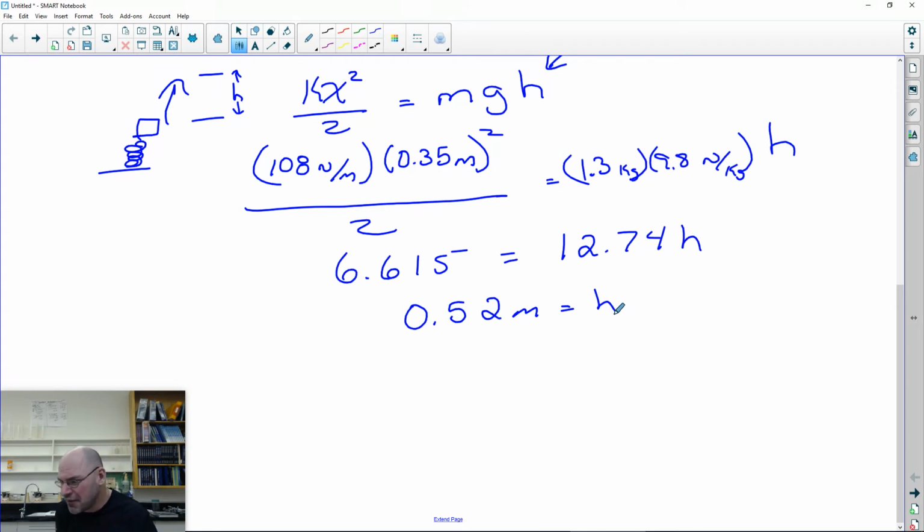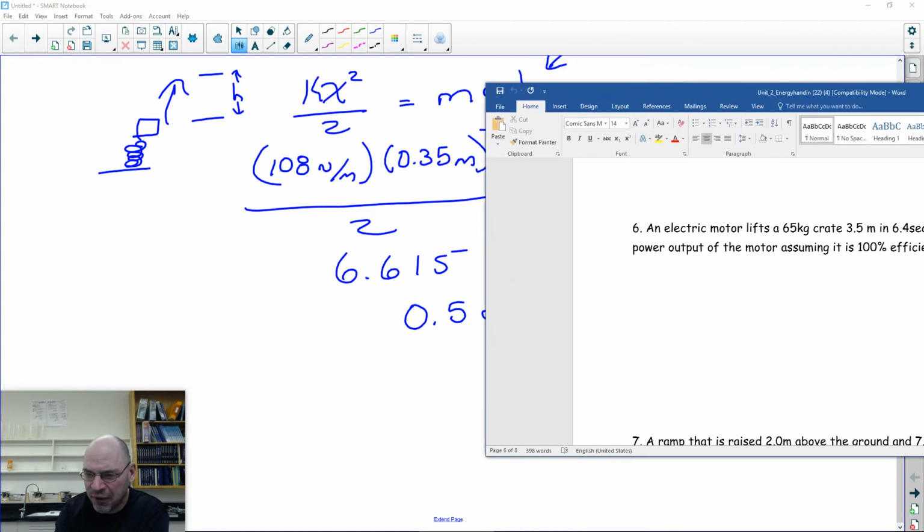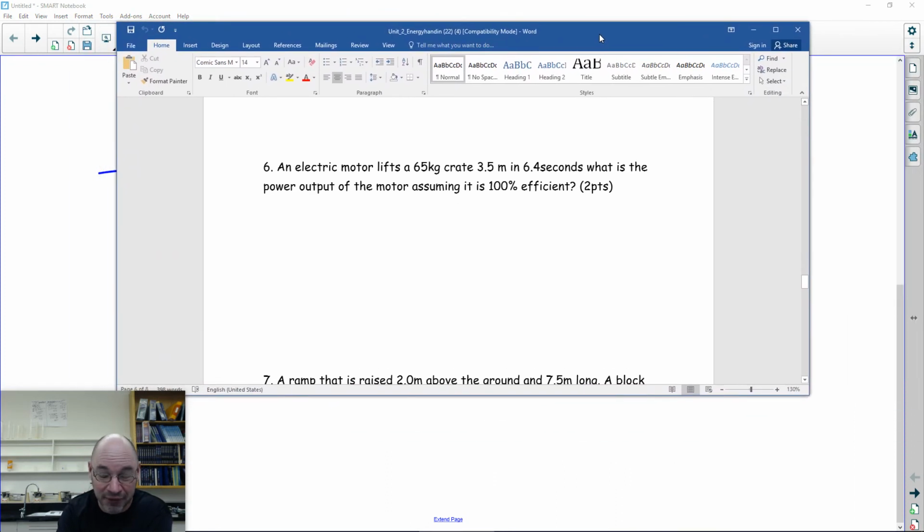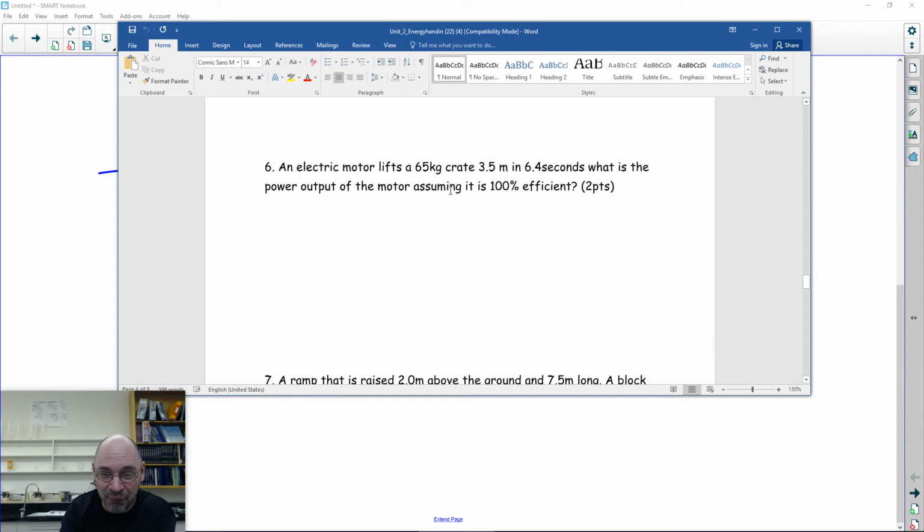So then the other thing that you asked, pardon me, was about number 6. So again, let's take a look at number 6. We'll do a similar type one. Number 6 says an electric motor lifts a 65 kilogram crate 3.5 meters in 6.4 seconds.